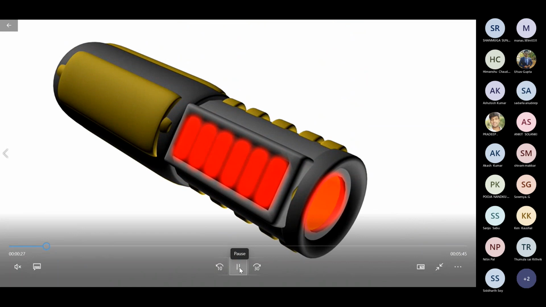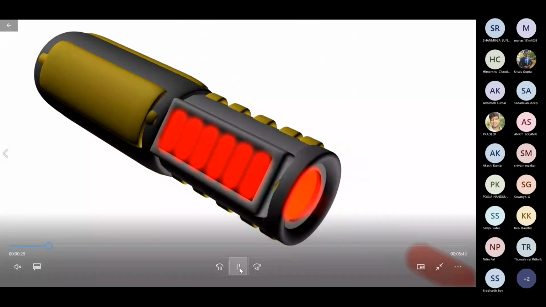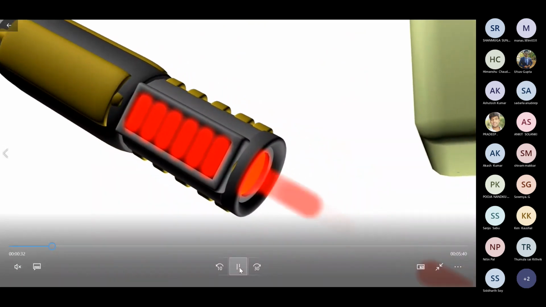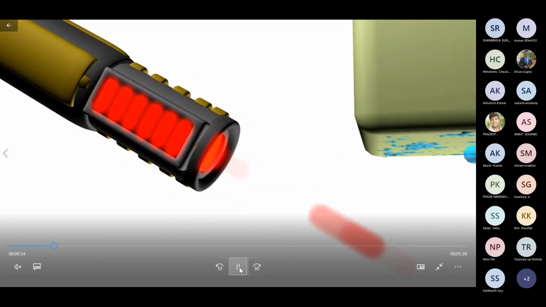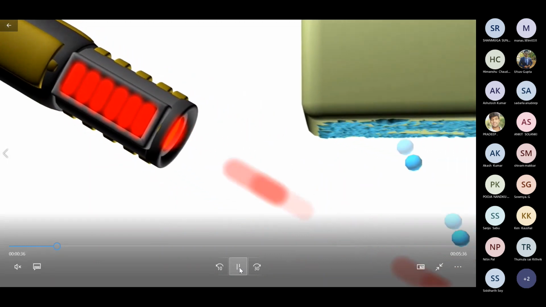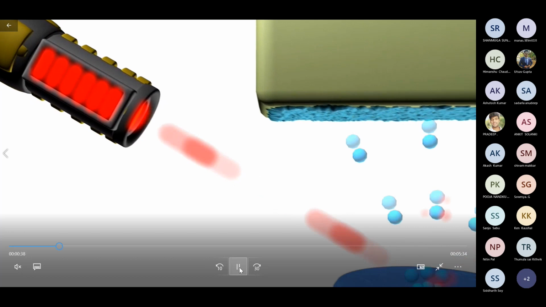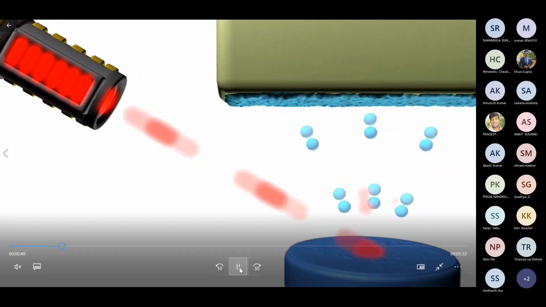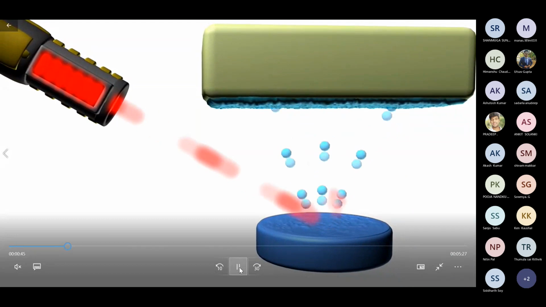This is the laser, and as I told you, it is a pulse laser, so it is not continuous. It will ablate from the target, and simultaneously there will be a deposition.